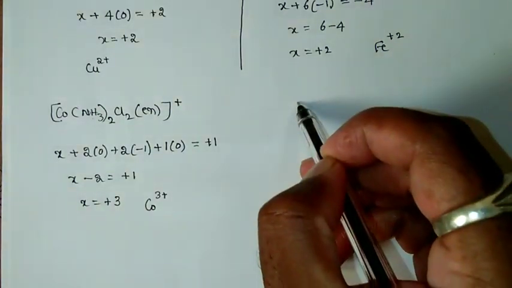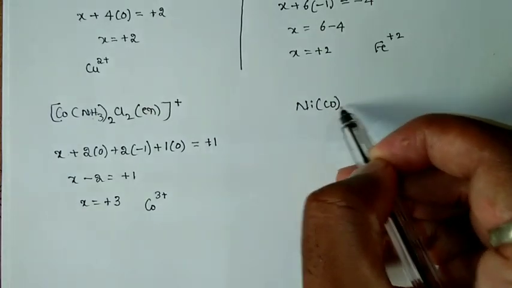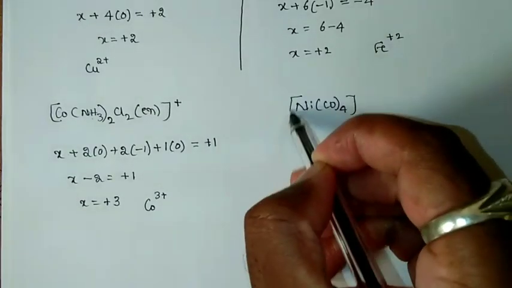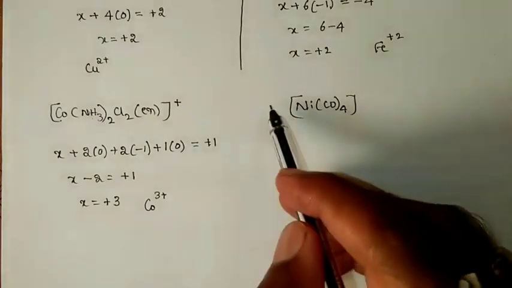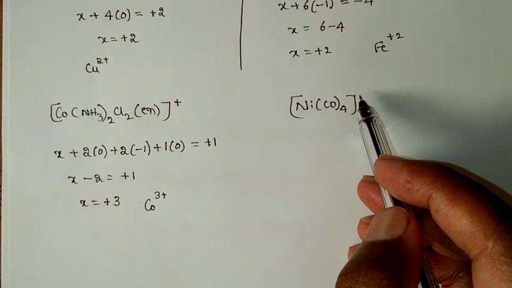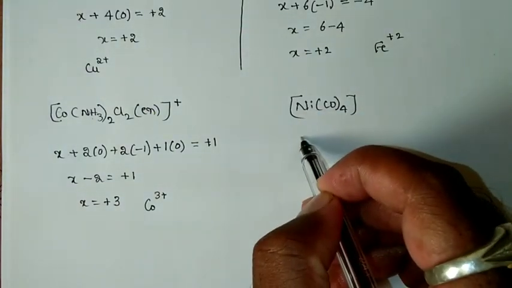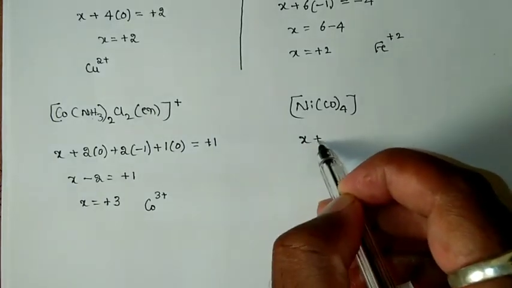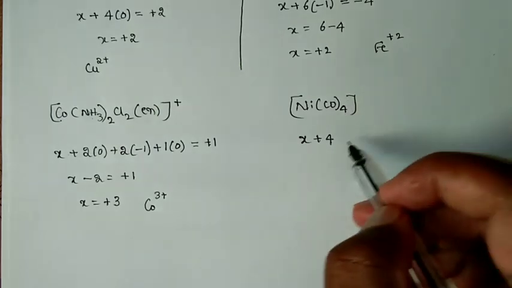Now we shall consider one more example, one peculiar case, [Ni(CO)4]. Here you can notice there is no ionic sphere at all and there is no charge on the complex either, so not a big matter. The oxidation state of nickel is supposed to be determined. X, and there are 4 carbonyl ligands, and carbonyl is a neutral monodentate ligand.